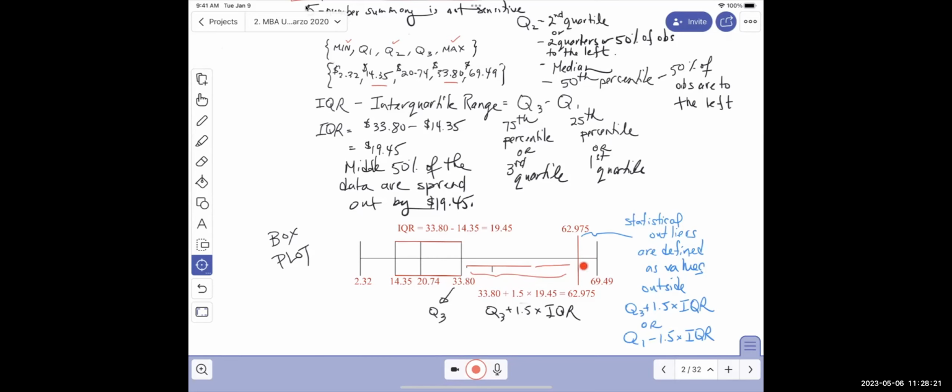I'm going all this range, all this way. That's 1.5 in my drawing. So these values are all statistical outliers.